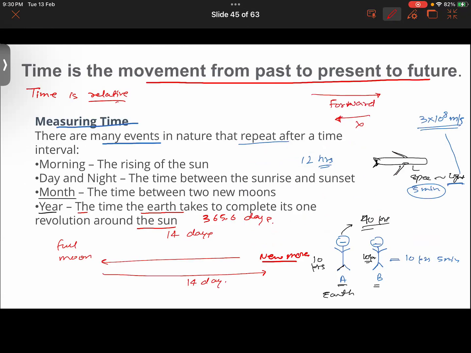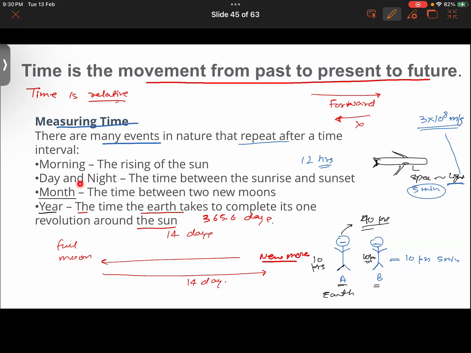Okay. In the last part of this chapter, basically it's about time. So time, you guys know, there are so many events happening around us, and different types of phenomena happen in a periodic manner. For example, morning, day and night, it's a periodic thing that is happening.